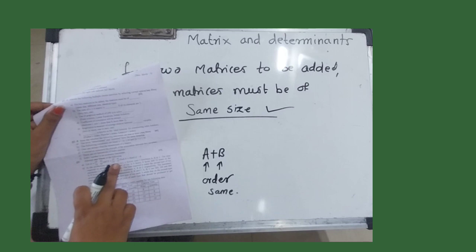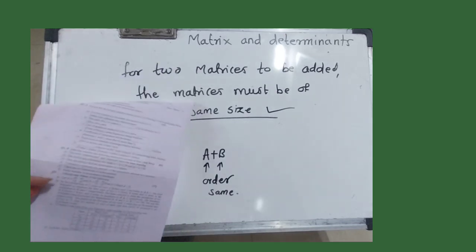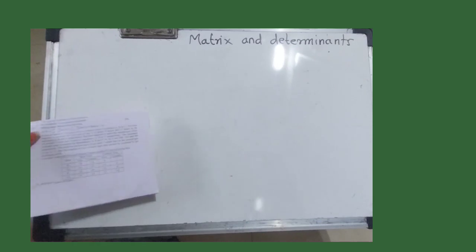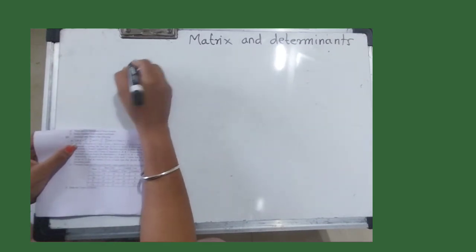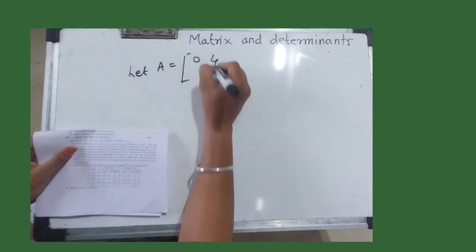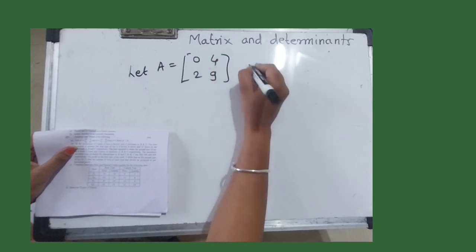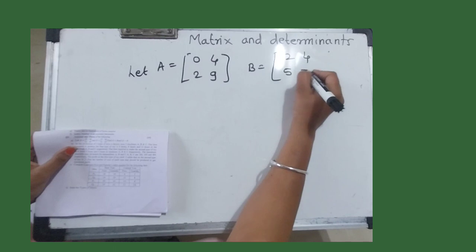Okay. Next question is, they given 2 matrices and find A plus B and A minus B. Okay, we will solve it in the second question for 4 marks. So let A equal to 0, 4, 2, 9, B equal to 2, 4, 5, 7.